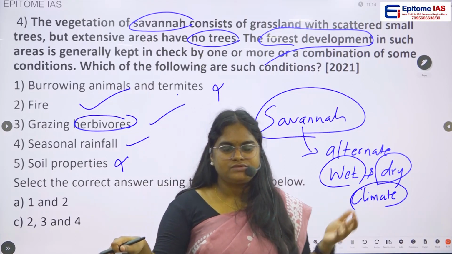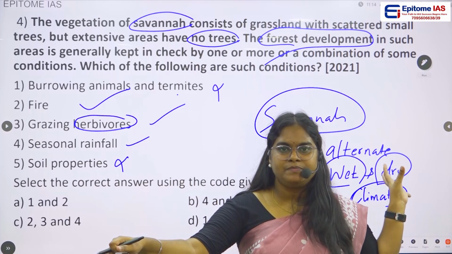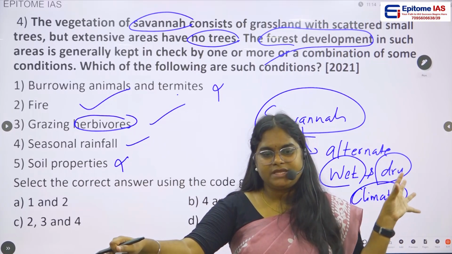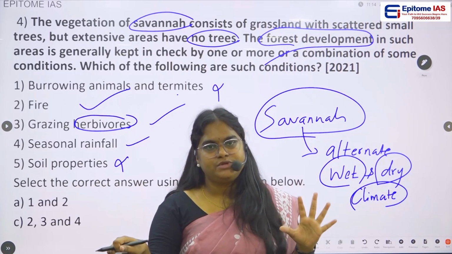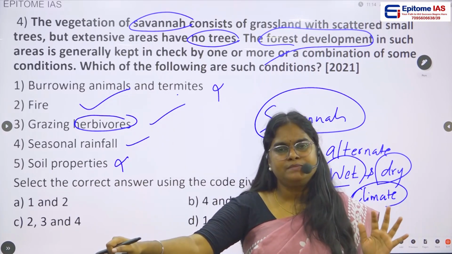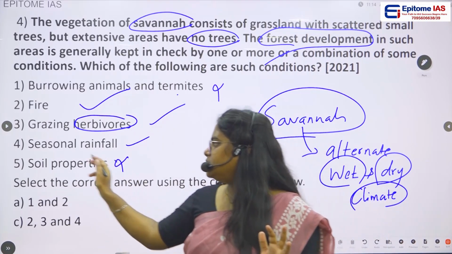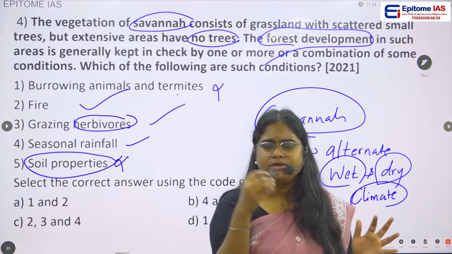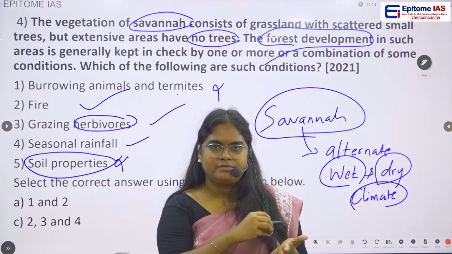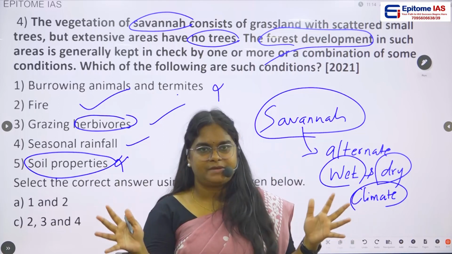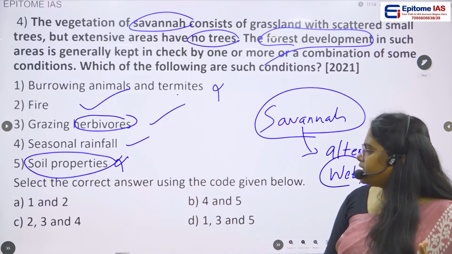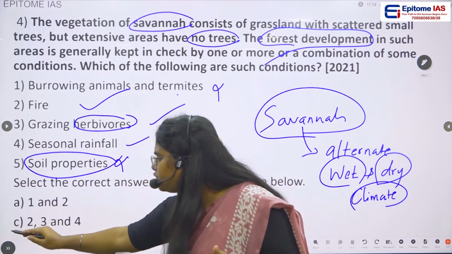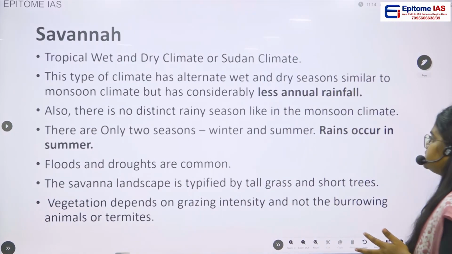Because in this type of climate, the soil is not very rich in nutrients, but comparatively it has some nutrients to grow the forest, okay? So the soil properties do not impact the development of the forest in a very significant way. That's why we can eliminate this option. So what would be the correct answer? The answer is 2, 3, 4. Option C is the correct answer.